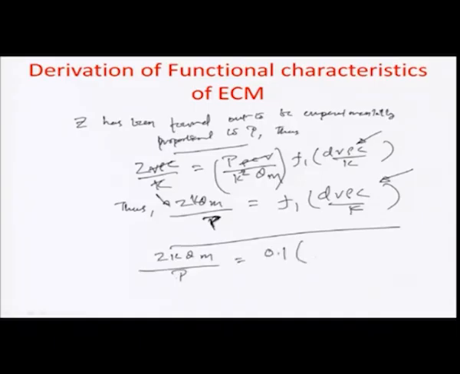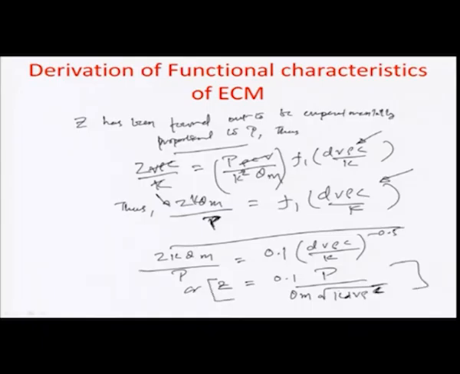This is more empirical by just doing a curve fit. So, this comes out to be z k theta m by p equals 0.1 times of d v rho c by k to the power of minus 0.5, or in this case z becomes equal to 0.1 power p divided by theta m root of k v d rho c.